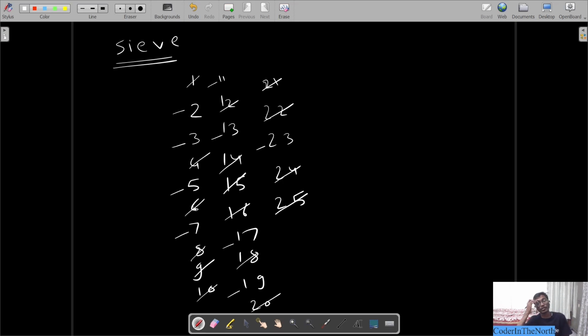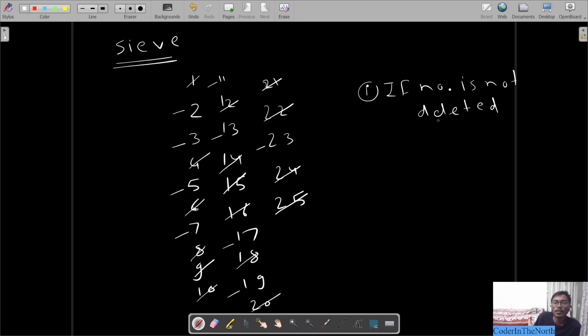So this is the sieve algorithm. What it does: if a number is not deleted, we delete all its multiples.